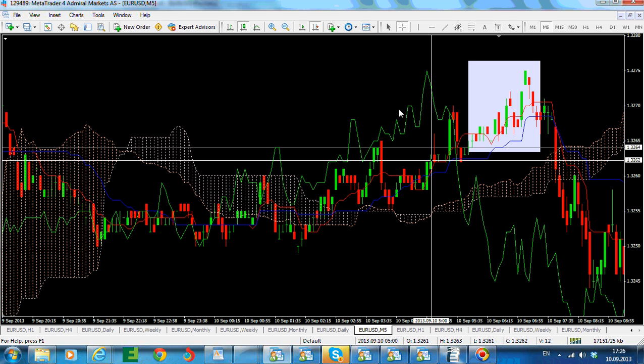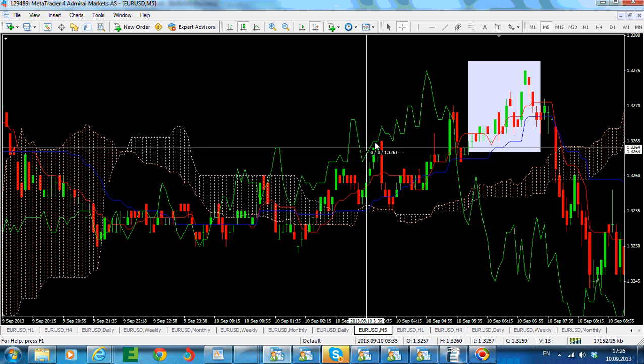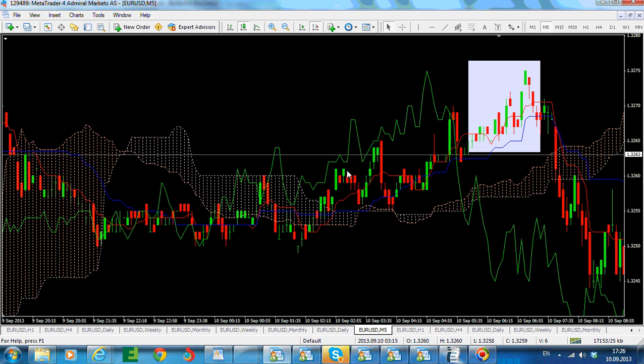This is what is happening with the invalidation being by the time the Chikou goes below the price here. As long as the Chikou tries to avoid the candles in front of it, then you should be safe buying calls and looking for price to go to the upside in this case.